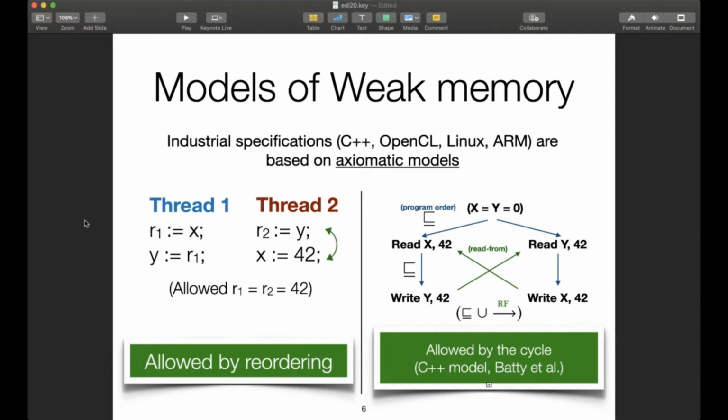On the right, you have an execution, and the blue arrows there are program order. The green arrows are reads-from, so this tells you where a particular read gets its value from. Now, given a graph with some choice of program order and reads-from, the axiomatic model will constrain whether that graph, that particular behavior of the program, is allowed or forbidden. And it'll do that with rules like saying program order union RF must be acyclic. That's a rule which is typical in the C++ specifications we use in academia, because without it, it's very difficult to work with these models.